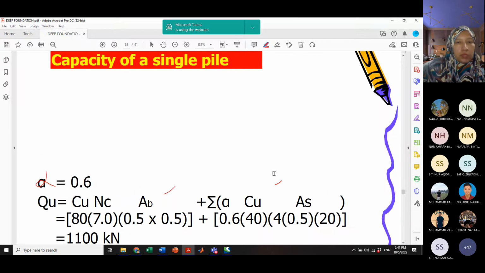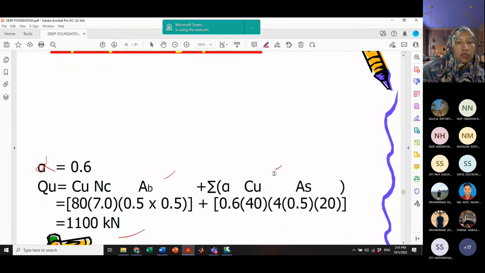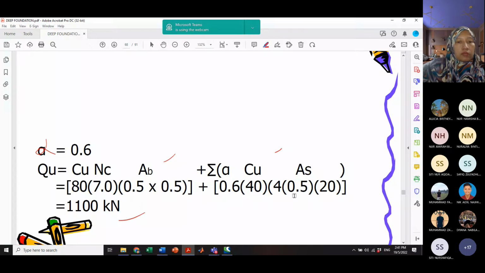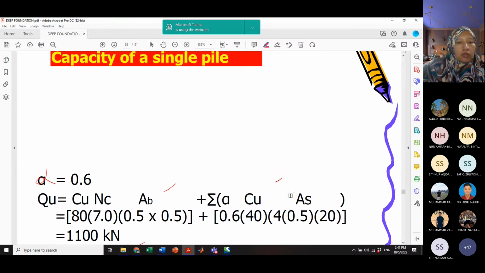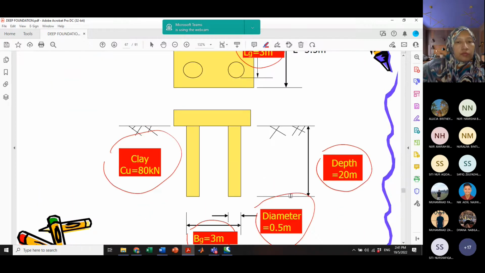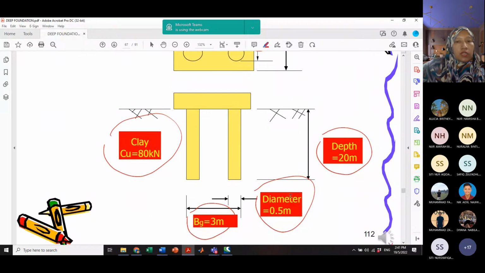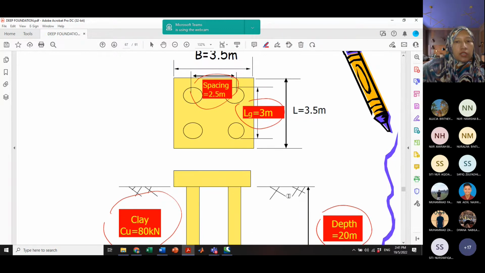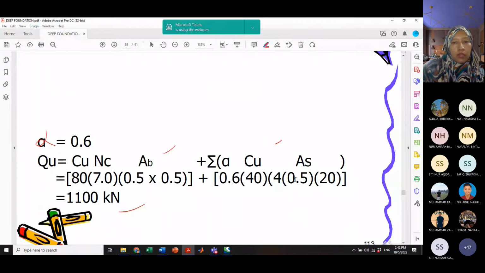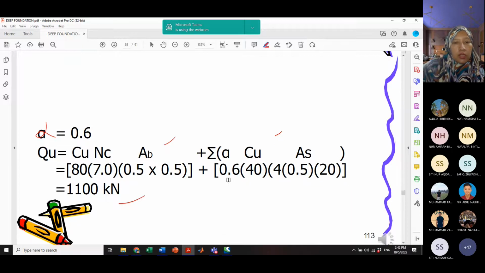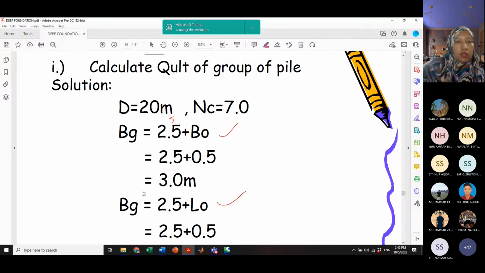It's not pi because in this case it should be the area of the base, 0.5, in the square condition. So 4 times 0.5 times 20, B L, 4, the side length of the pile. So the Qu is 1100 kilonewton.